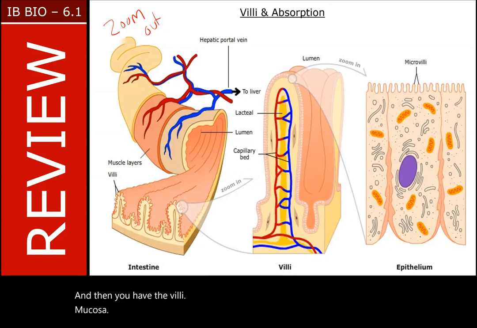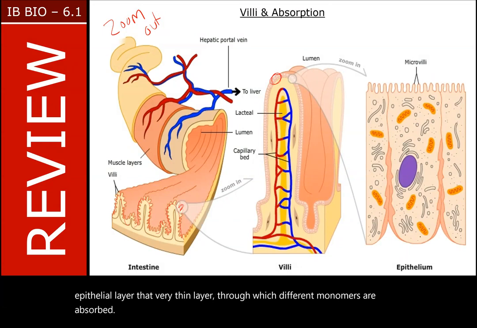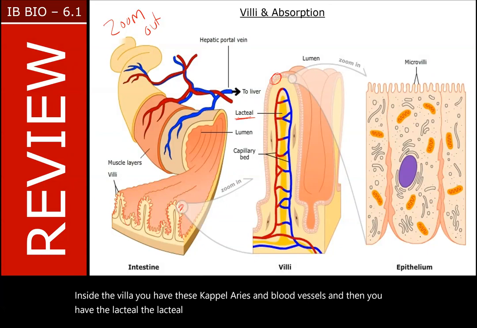As you zoom in to one particular villus, you can see here's that epithelial layer, that very thin layer through which different monomers are absorbed. Inside the villi, you have these capillaries and blood vessels, and then you have the lacteal that absorbs fatty acids.